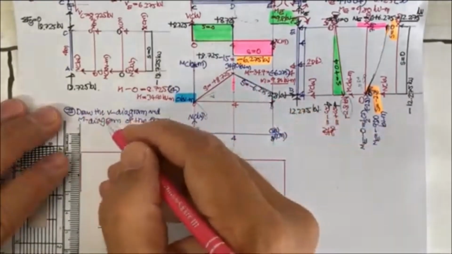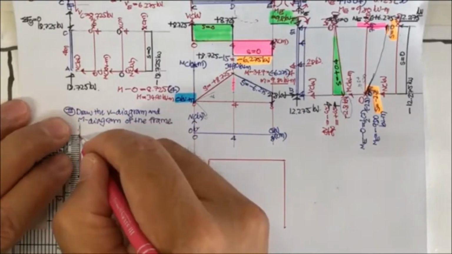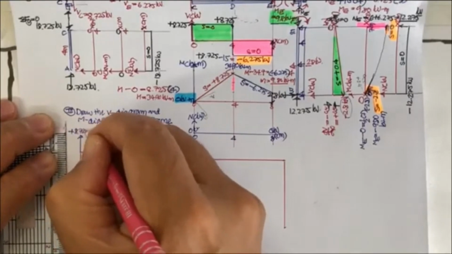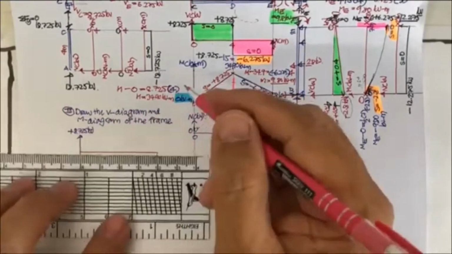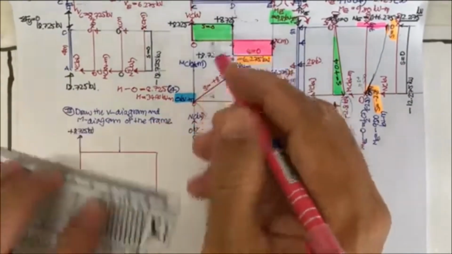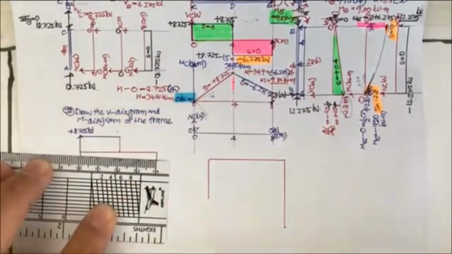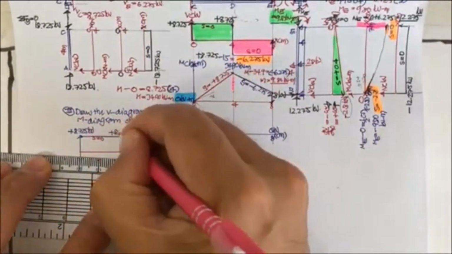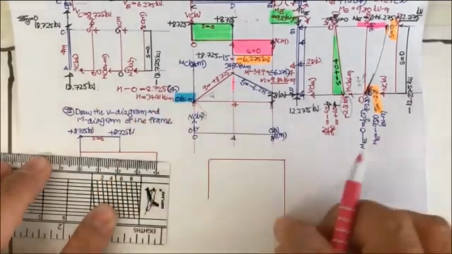So it's going to be 8.7 up like this, plus 8.725 kilonewton, and it's constant up until here with the slope of 0, and this is still plus 8.725 kilonewton.